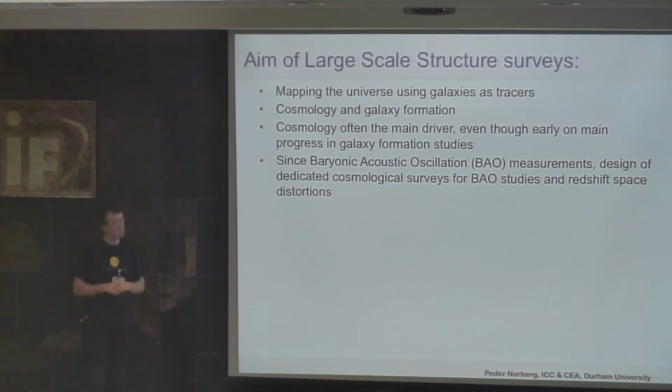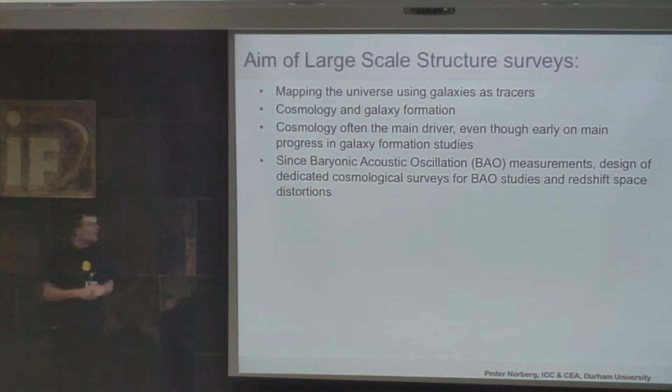So we do cosmology and galaxy formation, we do surveys, and so on. Often cosmology is the main driver as a headline title, but it's only recently that it has been the actual driver of the surveys. Many surveys in the past, and I'll go over some of them, were mostly galaxy formation oriented. They learned about large structure, but more information came about what the galaxies are and how they evolve.